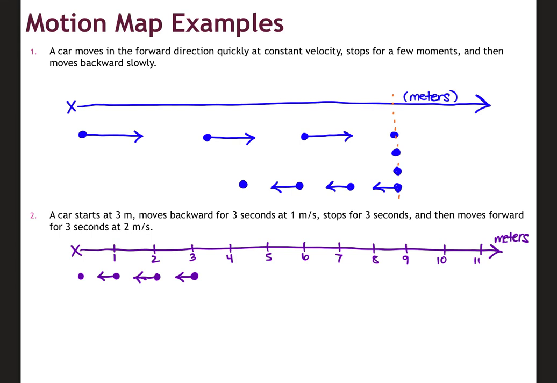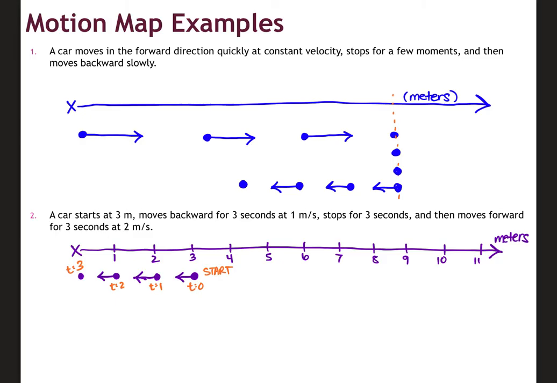Now, it stops for 3 seconds. I think that it helps to number your seconds here. Okay, so this is t equals 0, or the start. This is t equals 1 second. T equals 2 seconds. This is t equals 3 seconds.